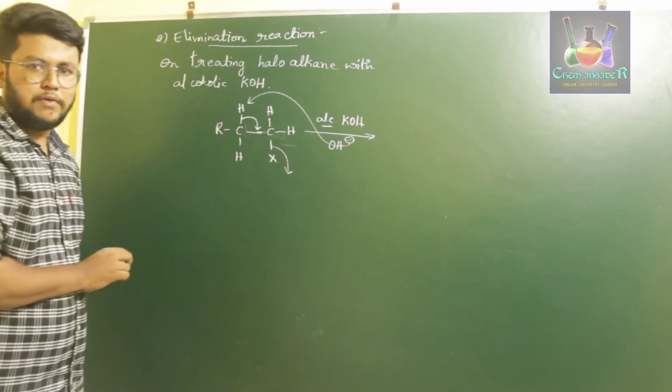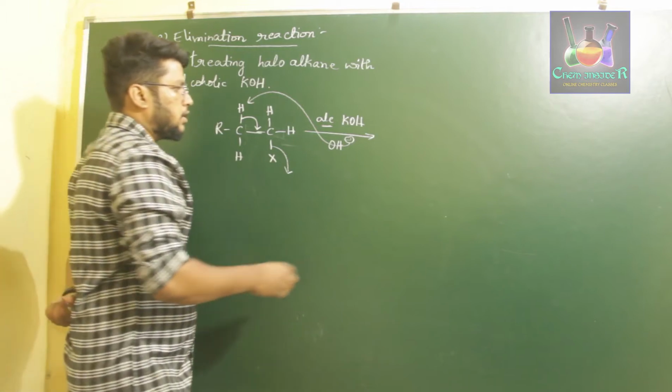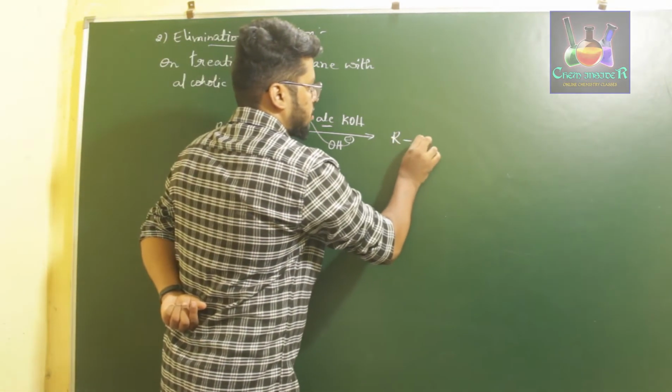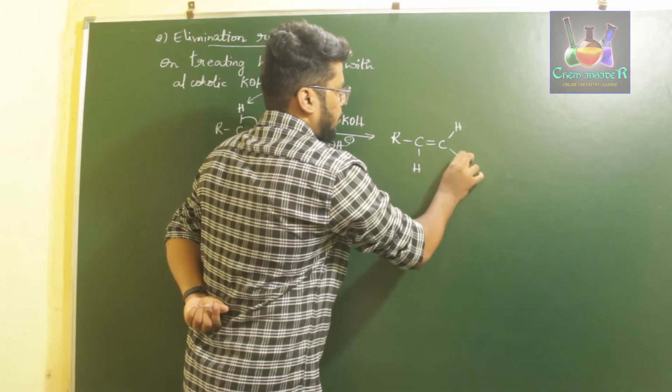Because halogen is a good leaving group, it leaves the site, forming a carbon-carbon double bond. So this gives us an alkene hydrocarbon.